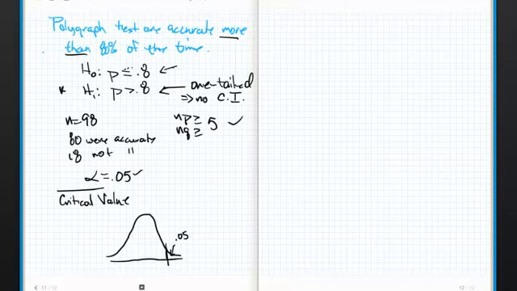That's what alpha is. If alpha is 0.05, then I now want the critical value that cuts this off. Because if I end up with a critical value inside of this region, then that is far enough away from my mean, or my assumed population proportion of 0.8, to say, hey, something's fishy.